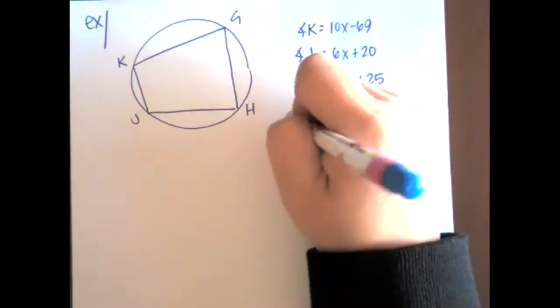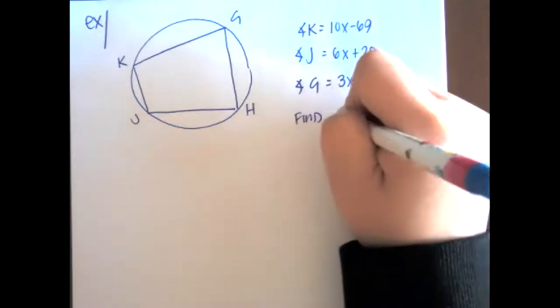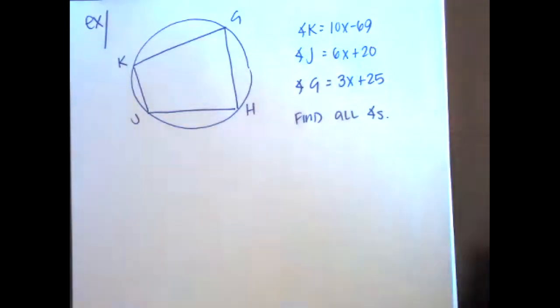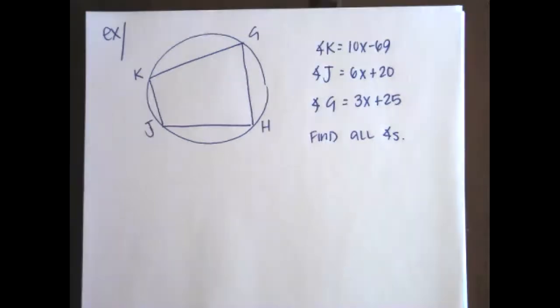So find all the angles. So this is a quadrilateral inscribed in a circle.